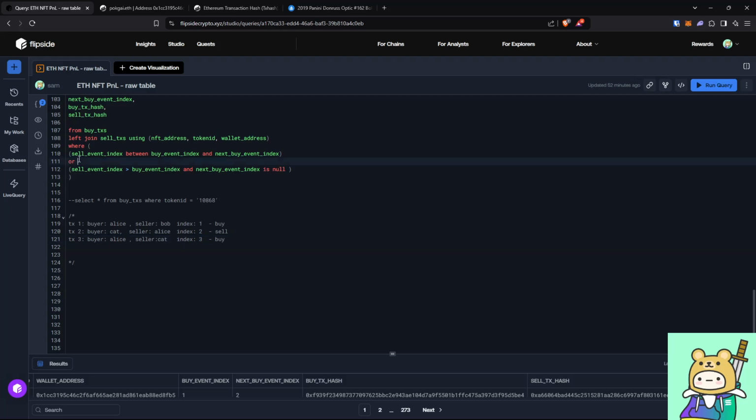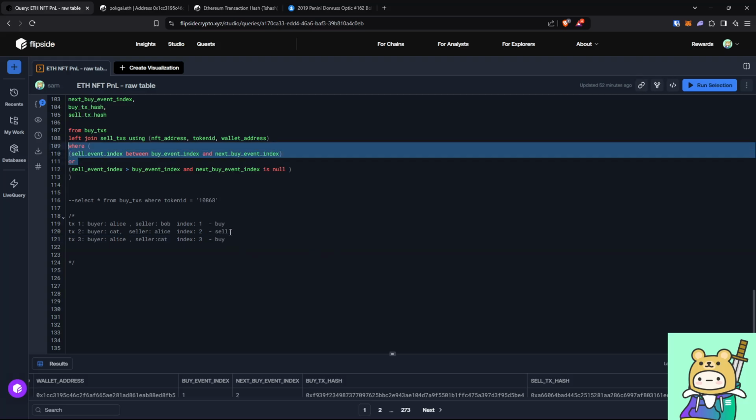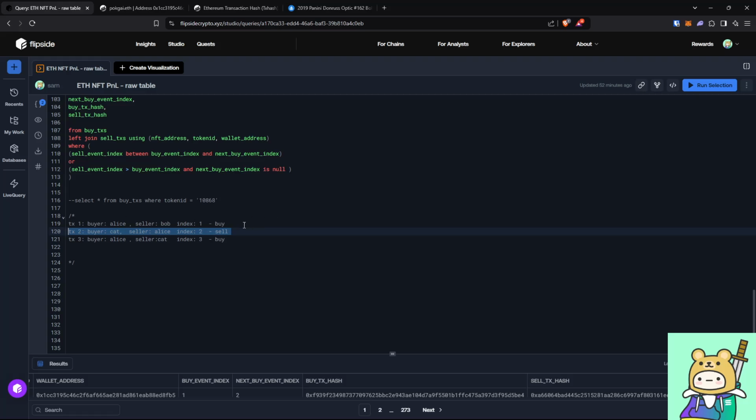So this where filter ensures that our 2 is able to join with 1, because 2 is between 1 and 3. It doesn't work here because the buy event index here is 3, and of course 2 is not between 3 and whatever number, right?